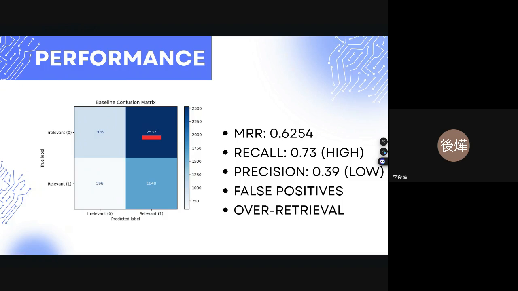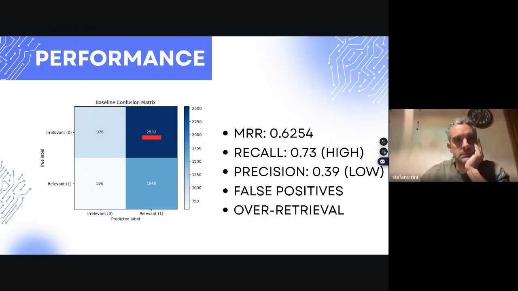If you look at the confusion matrix on the left, the top right number is alarming: 2,532 false positives. This indicates that our model is aggressive. It classifies many irrelevant answers as relevant, introducing a significant amount of noise.